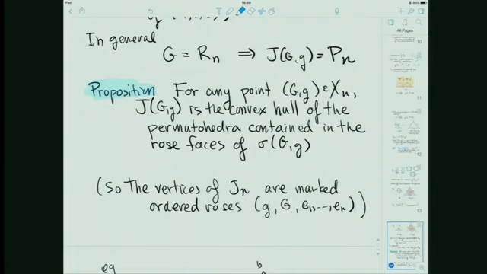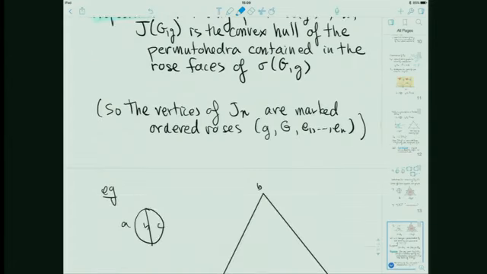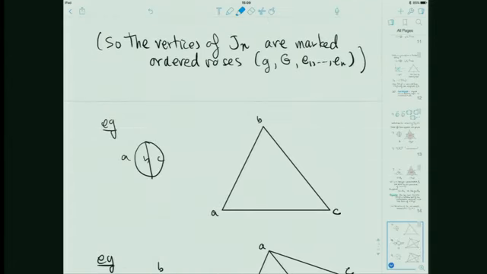The cells are going to be these J of Gs, and the vertices are going to consist of a marked rose and an ordering on the edges of the rose. So let me just do an example here. ABC. What are the rose faces? Well, all of the one-dimensional faces are the rose faces.